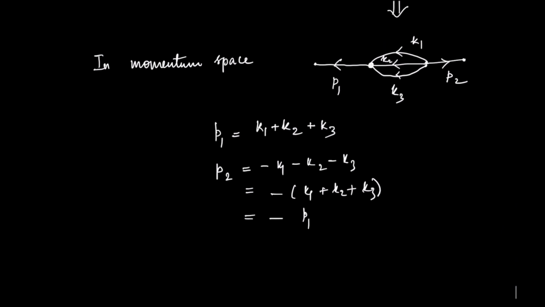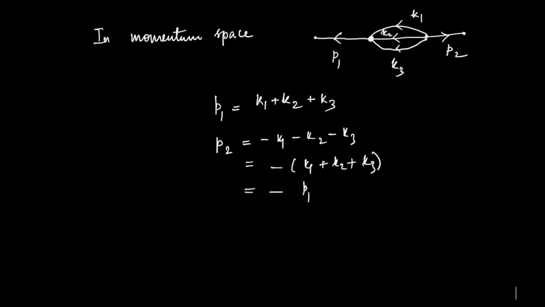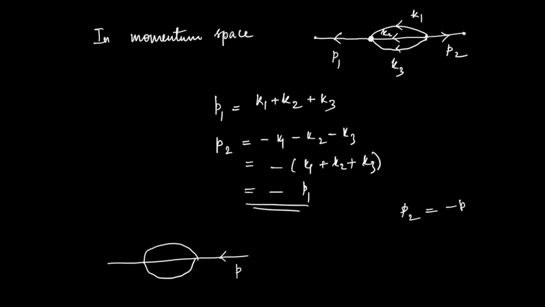Then in this diagram I can actually rewrite the notations. For example, instead of P2, right here it was P2. So P2 is equal to minus P1. So minus in the sense the direction has to be reversed. So I can write P2 as something like this. So let me write P2 is equal to minus P1 is equal to P, right?